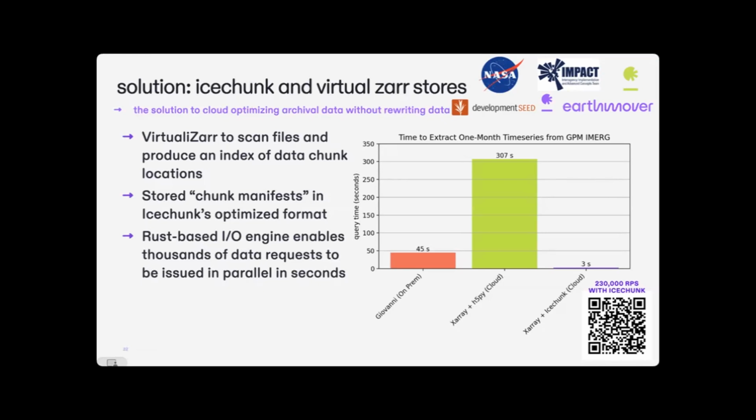And so we can see that this IceChunk plus cloud approach is still much faster than what NASA has today. And so this proof of concept just shows that there is potentially millions in cost savings for using IceChunk and virtualized Zarr to handle these massive volumes of archival data formats, and also ends up having a benefit to the user in terms of efficiency.